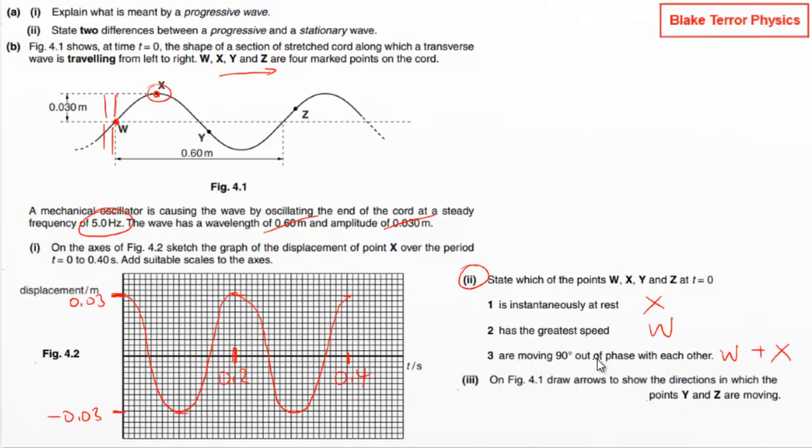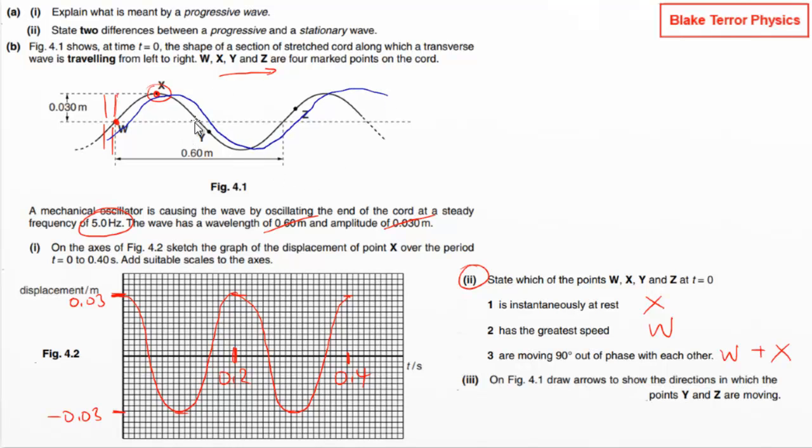On figure 4.1, oh yeah, that's that picture. Draw arrows to show the directions in which the points Y and Z are moving. Right, so the wave profile is moving left to right. So a little bit later, if we were going to draw it in, I'll change it to blue, the wave would have moved off to the side like this, because the wave shape is moving.